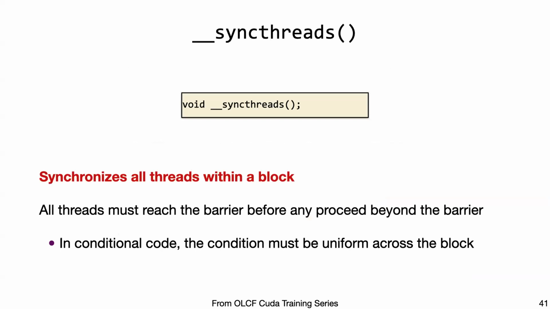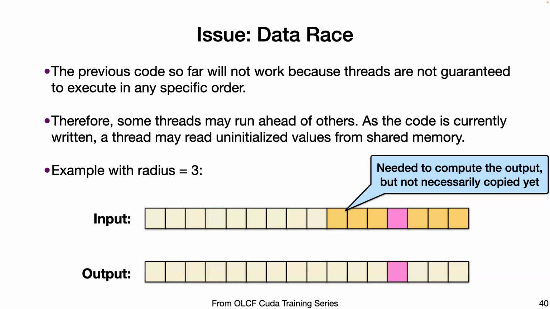But you can do synchronization. Is that input the original host to device copy, or a different copy from the previous method? That was the shared memory copy. Let me go back a little bit.